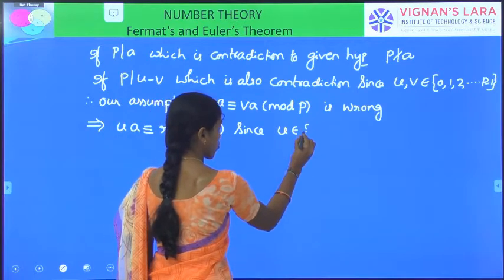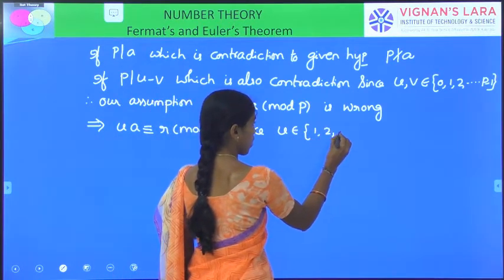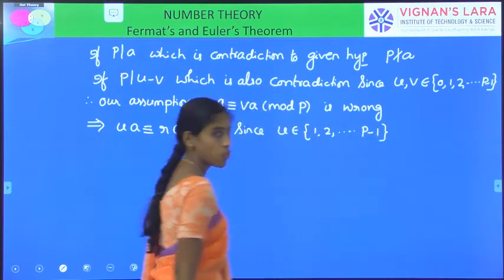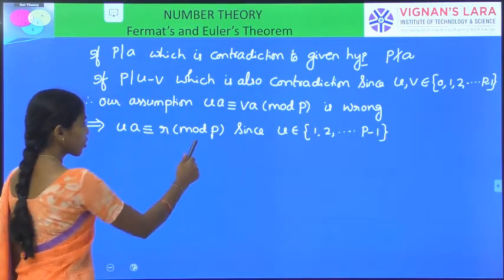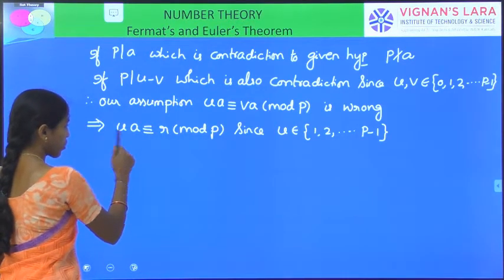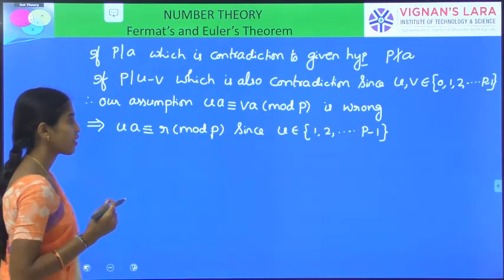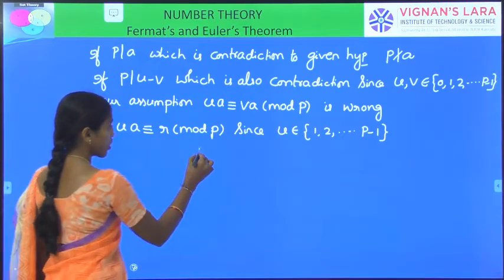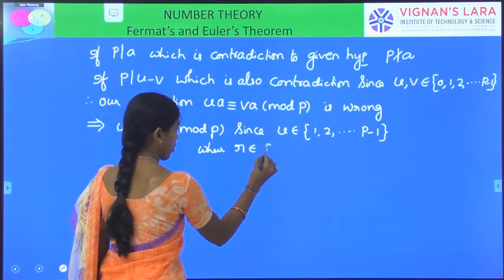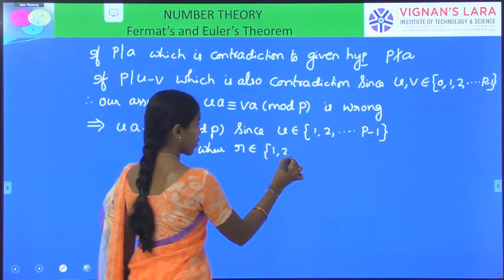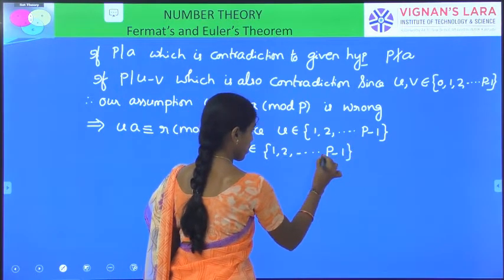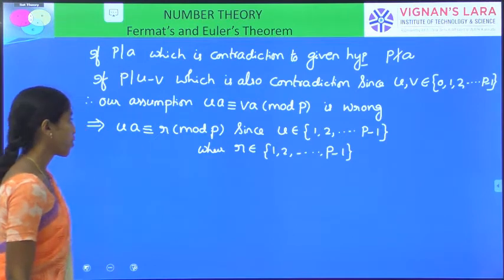U belongs to the set 1, 2 and so on up to P minus 1, right? So whenever you divide UA by P, we will get some remainder R, whose value belongs to the set 1, 2, 3 and so on up to P minus 1.